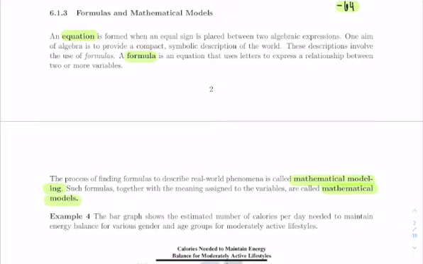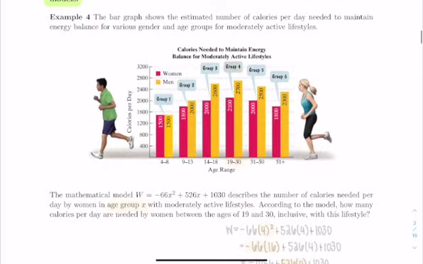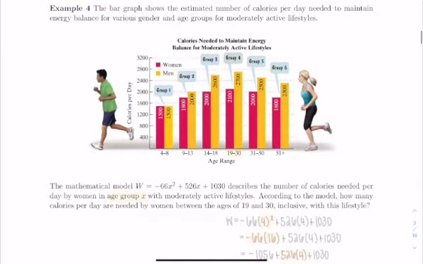So for example number 4, the bar graph shows the estimated number of calories per day needed to maintain energy balance for various gender and age groups for moderately active lifestyles. The mathematical model W equals negative 66x squared plus 526x plus 1030 describes the number of calories needed per day by women in age group X with moderately active lifestyles.